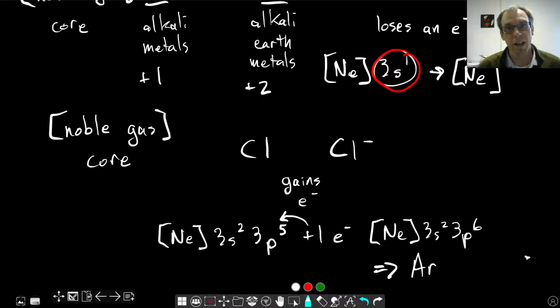And so it has achieved that electron configuration that is the same as a noble gas by gaining an extra electron. And so that's why chlorine, when it ionizes, forms a -1 ion.